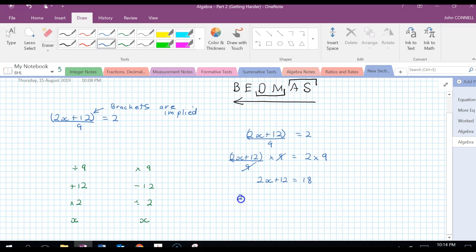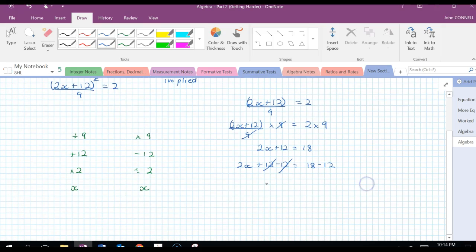Now I can subtract 12 because I don't need the brackets anymore, so it's +12 take 12 is equal to 18 take 12. Those 12s cancel, so I get 2x equals 6, and now I'm ready to divide by 2 to give me my answer, not negative 2. We're just dividing by positive 2, cancel out the 2s as a common factor, so x is equal to 3.